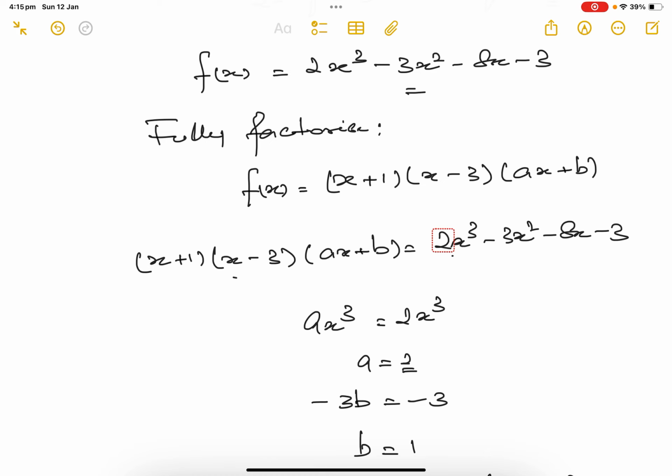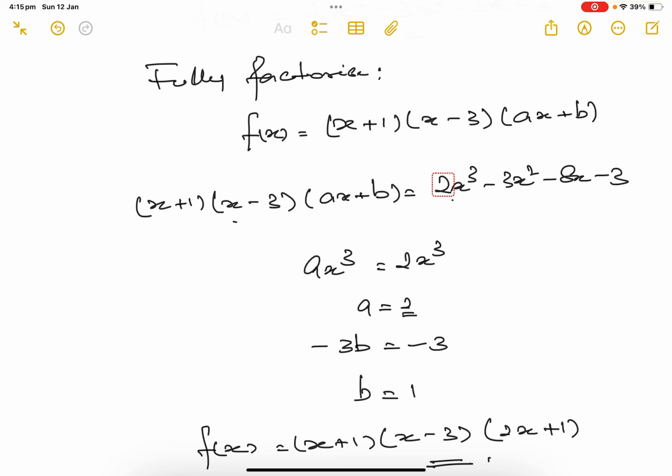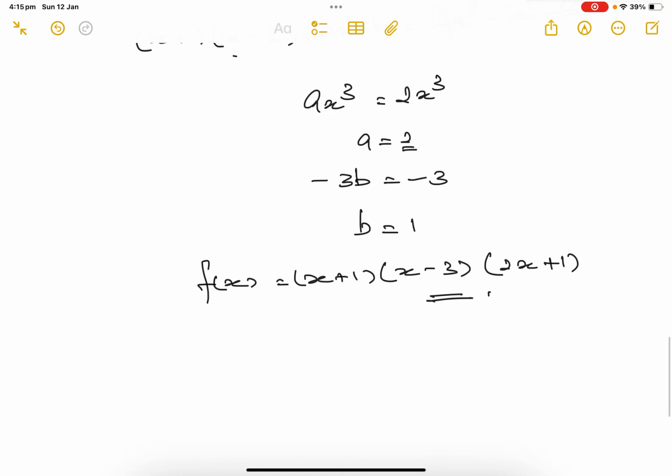So ax cubed on the left hand side equals 2x cubed on the right hand side. Therefore a equals 2. Then the numbers without x: 1 times minus 3 times b is minus 3b, and on this side the number without x is minus 3. So minus 3b equals minus 3. From that, b equals 1.